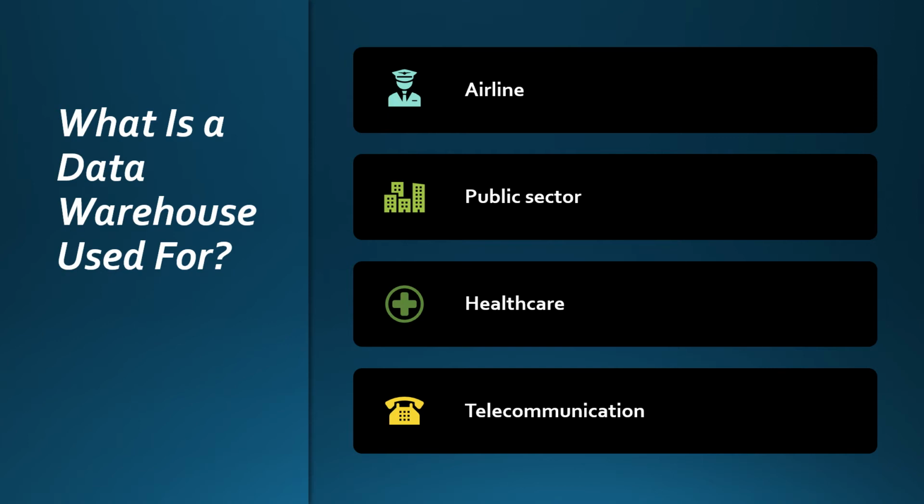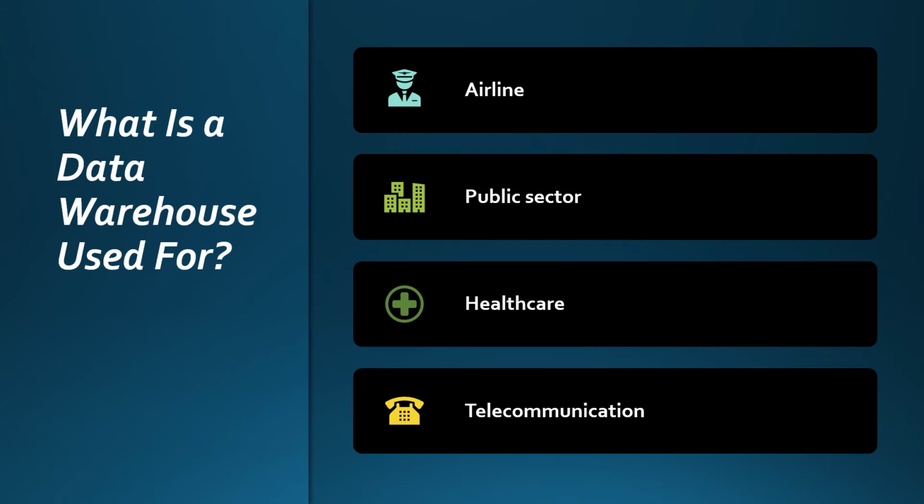Second, the public sector. A data warehouse is used for intelligence gathering. It helps government to maintain and analyze tax records and health policy records for every individual.